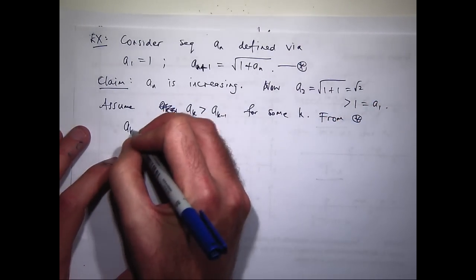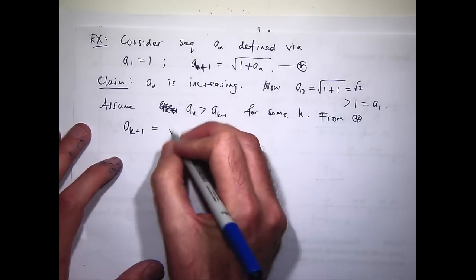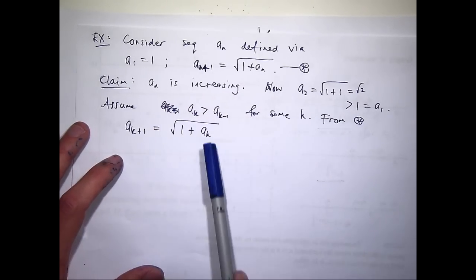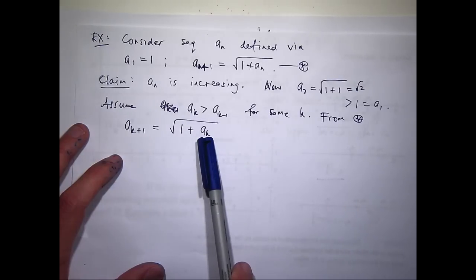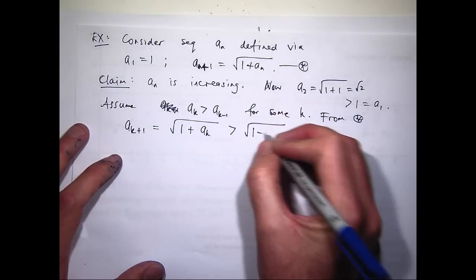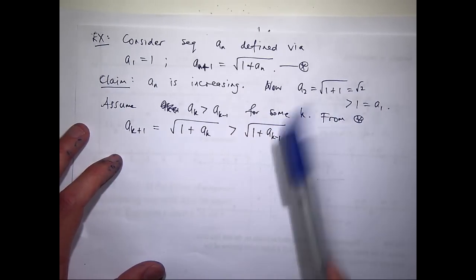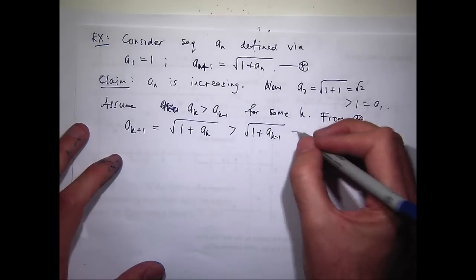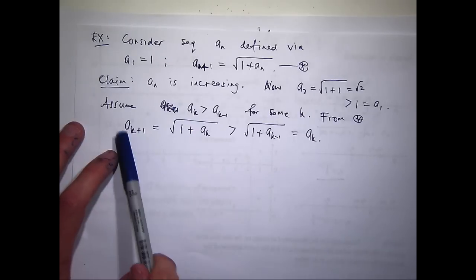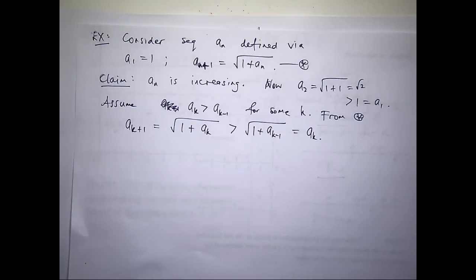So let's consider this. Now, A sub k is, by assumption, greater than A sub k minus 1. And what is this? Well, that's just, by definition, A sub k. So I've got my inequality: A sub k plus 1 is strictly greater than A sub k.